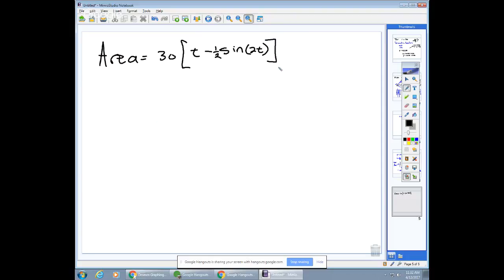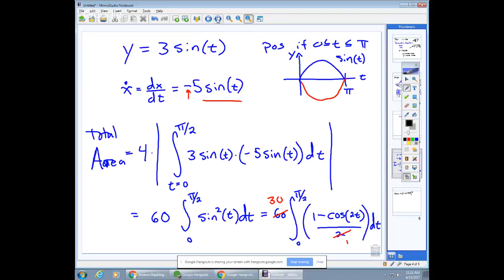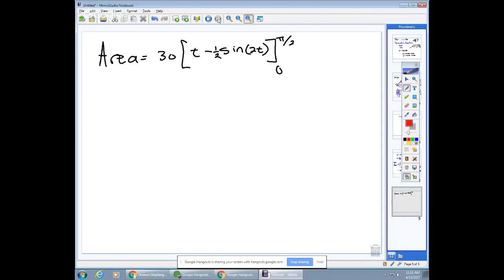When in doubt on a problem like this, do a u substitution. Let u equal 2t. Then du would be 2 dt just for this chunk right here, and we're missing that too, which means we need a 1/2. All right, I feel good about that.